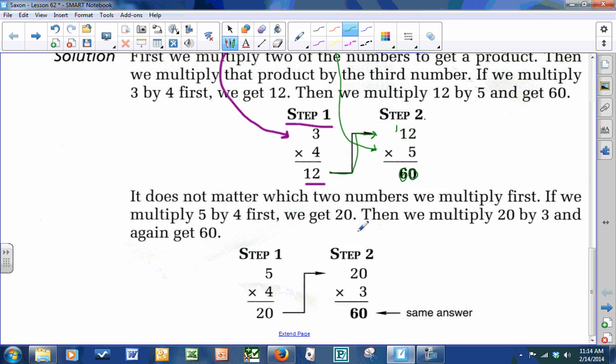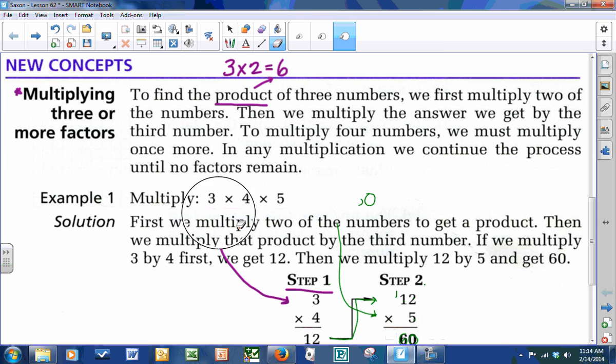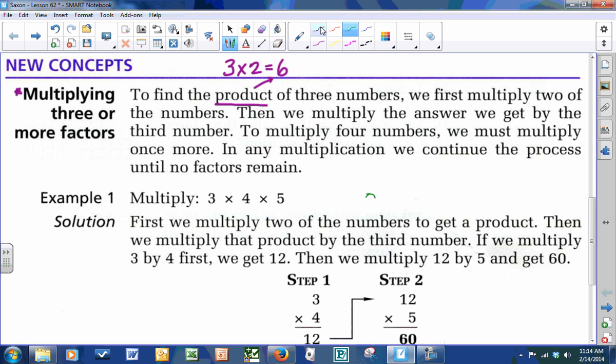Now, because of the commutative property of multiplication, it does not matter what order we multiply the factors in. That's the great thing. You can multiply these numbers in any order. Let me erase what I had written here, and let me show you what I mean by that. Of course, we know what the commutative property is.